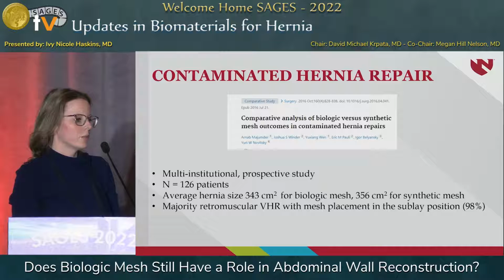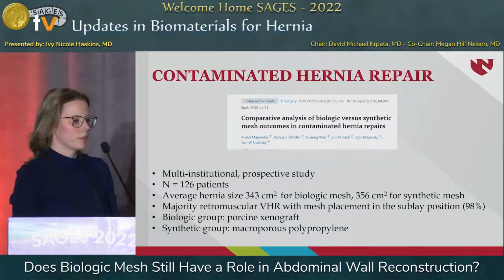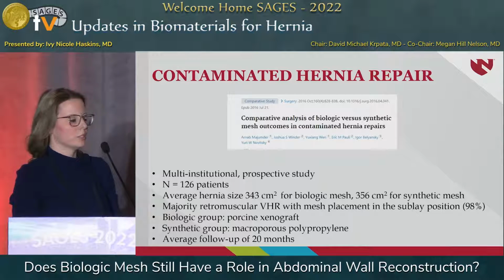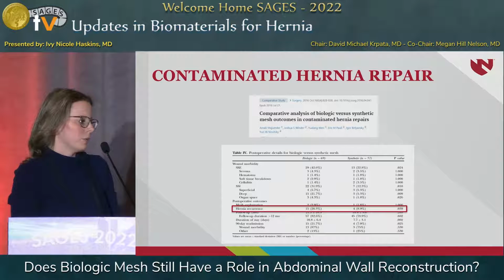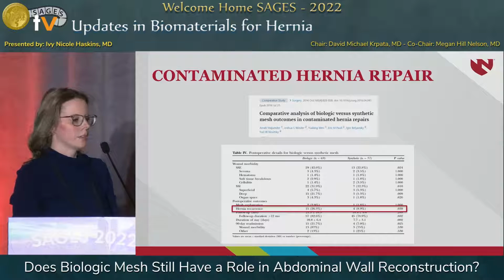The majority of the repairs were retromuscular, and the mesh was placed in a sublay position. The biologic group underwent hernia repair with a porcine xenograft, and the synthetic group underwent repair with a macroporous polypropylene mesh. The average follow-up was 20 months. What they found is that the rate of hernia recurrence in the biologic group was 26% compared to 9% in the synthetic arm.